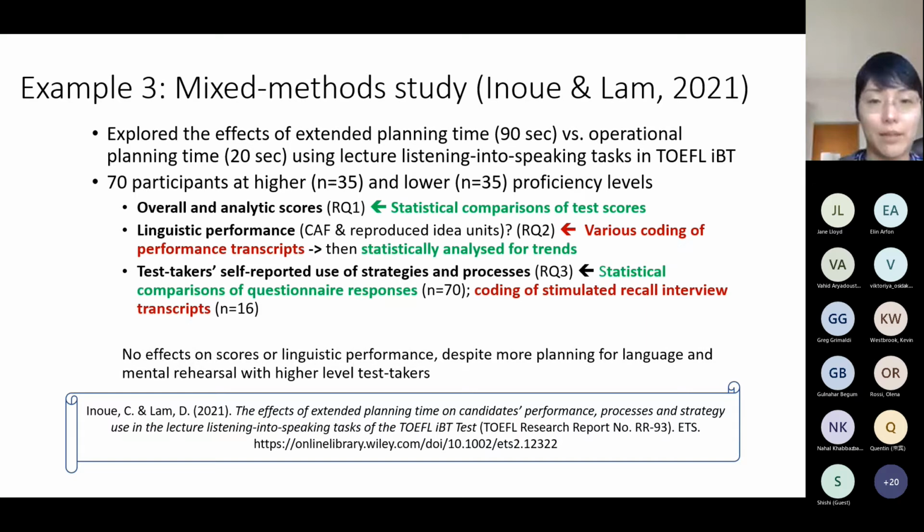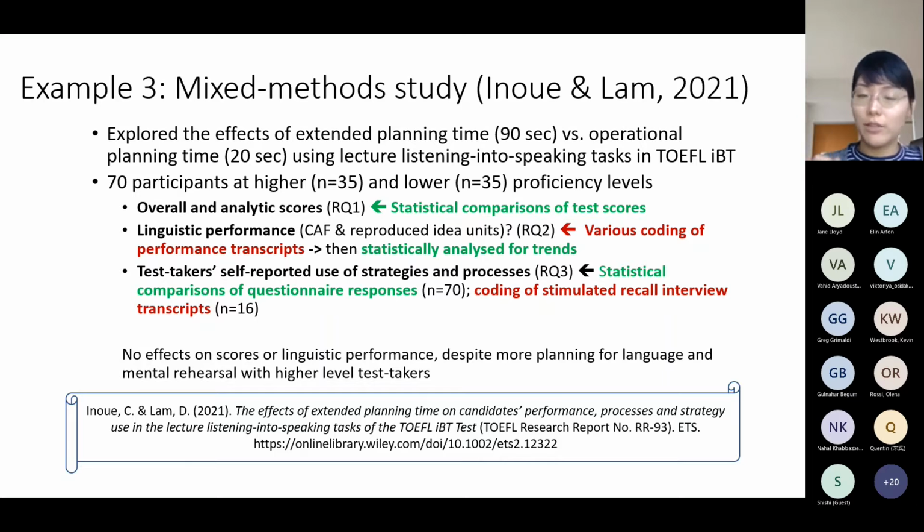So what was mixed method? Basically, the green is the quantitative part and the red is the qualitative part. The overall analysis of the scores was done by statistical comparison of test scores and linguistic performance.